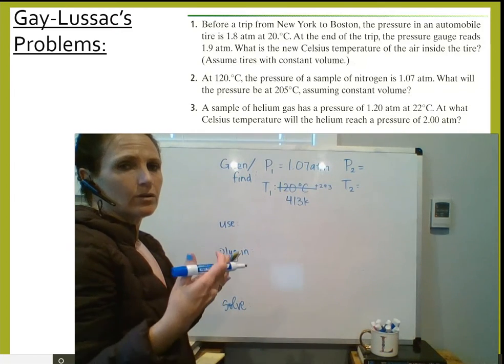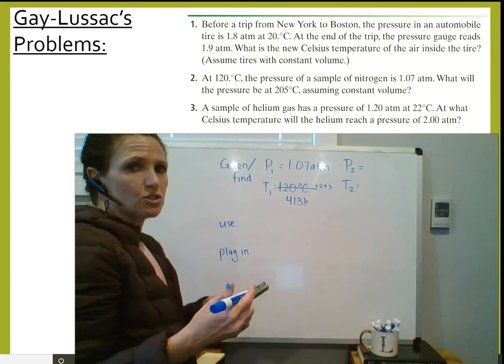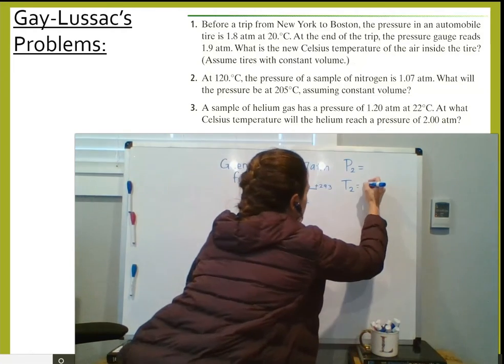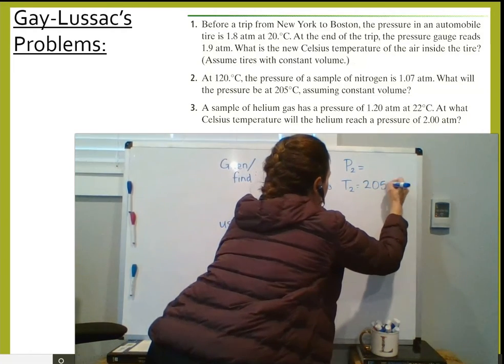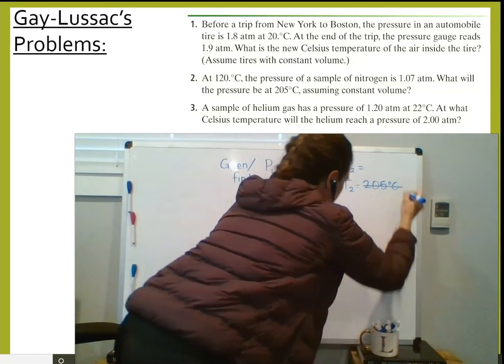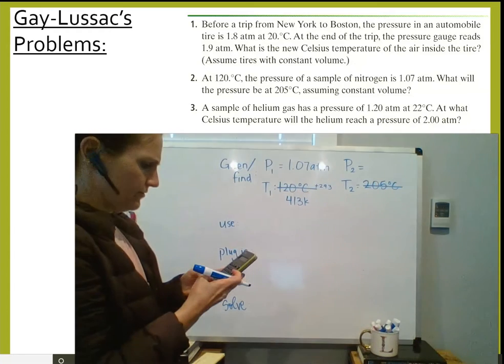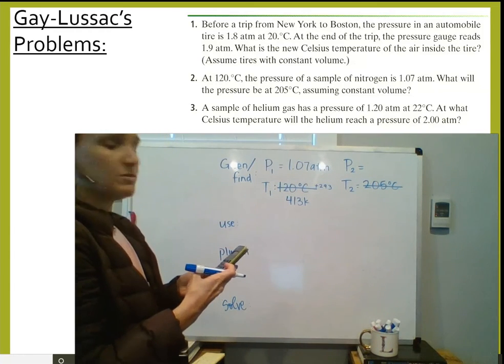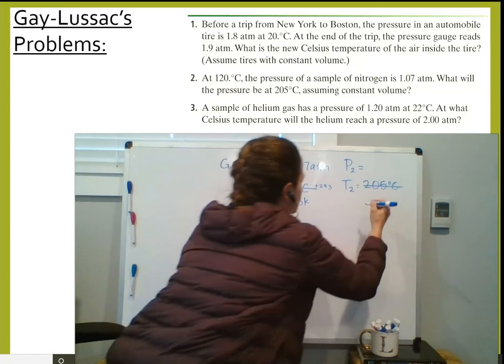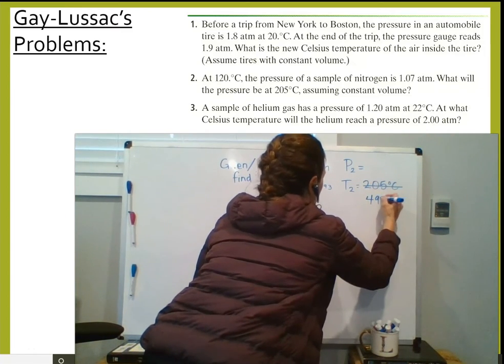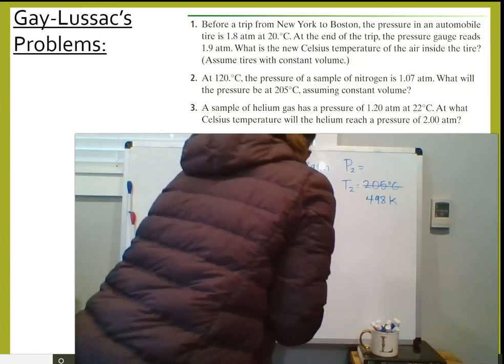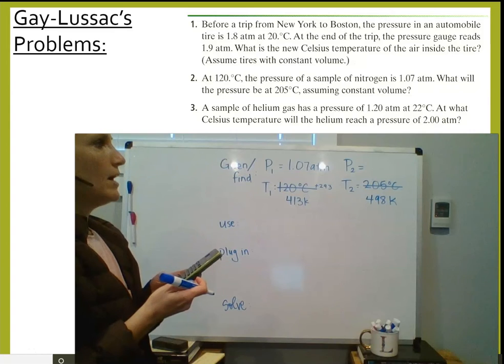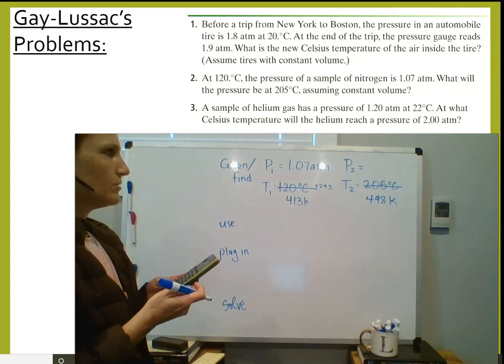The temperature now rises to 205 degrees Celsius, which is 205 plus 293, gives me 498 Kelvin. And so now, again, plus 293 to get that.